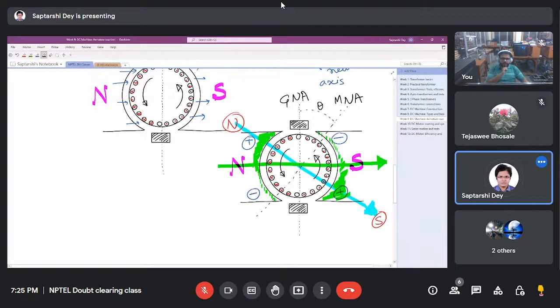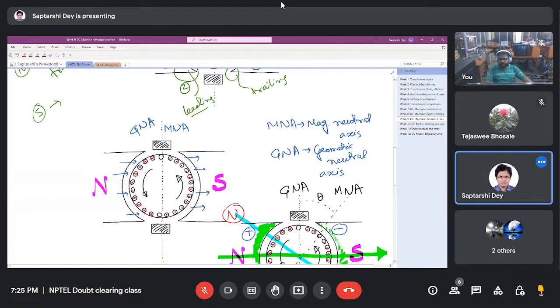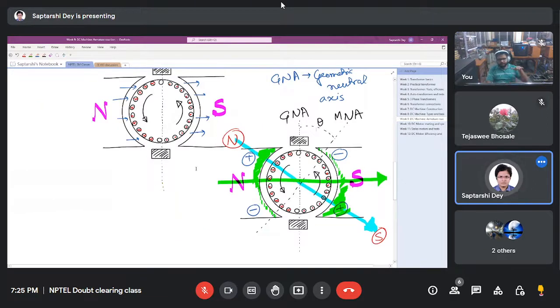Okay. Let me verify it once again. Just this direction and this, right. Okay, so any question till now that the main magnetic field axis of the machine has changed because of the armature flux? Is it understood as of now?